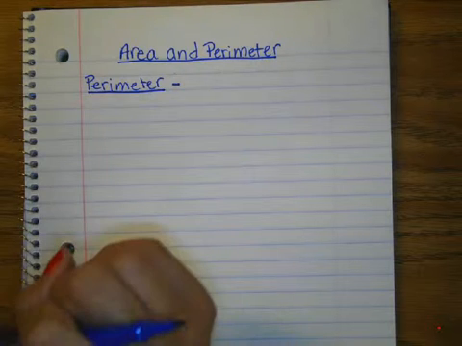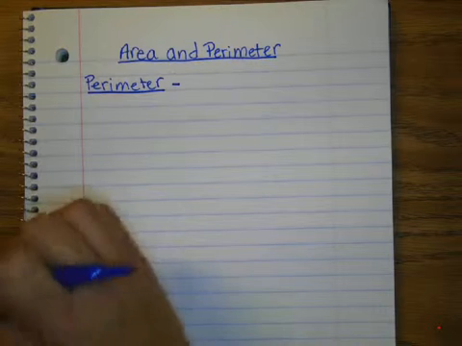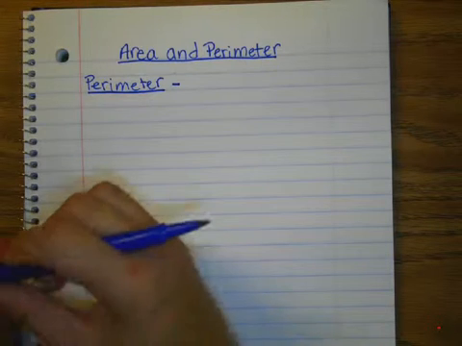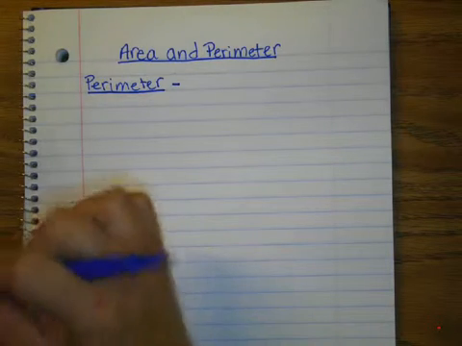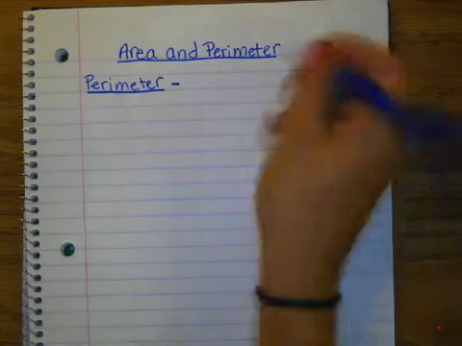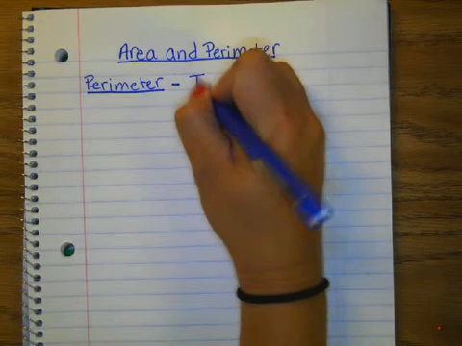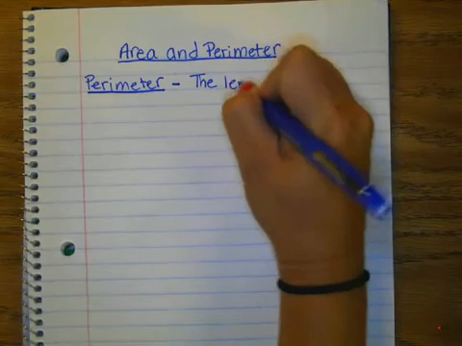Emily, what do you think? Measurement of the outside of a shape. Okay, so would we say maybe the length around an object? Let's write that down. The length around an object.